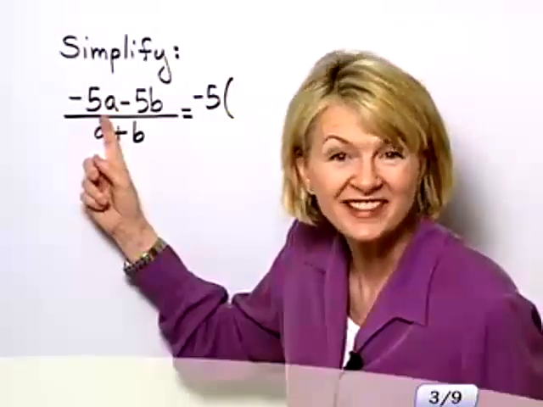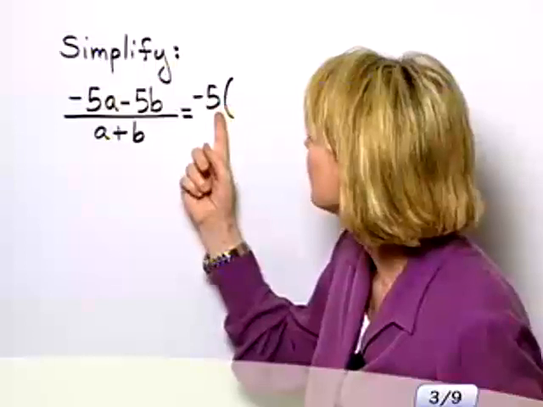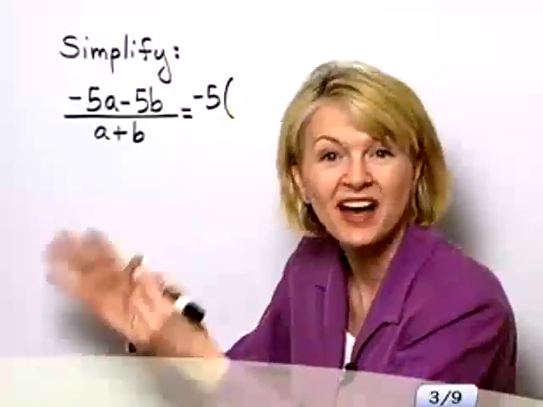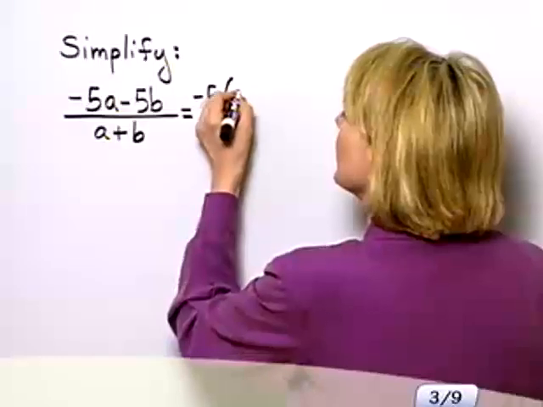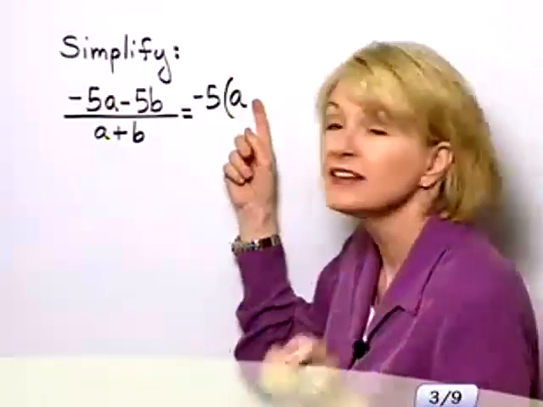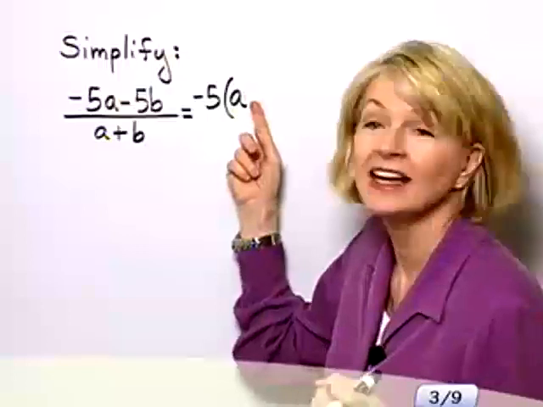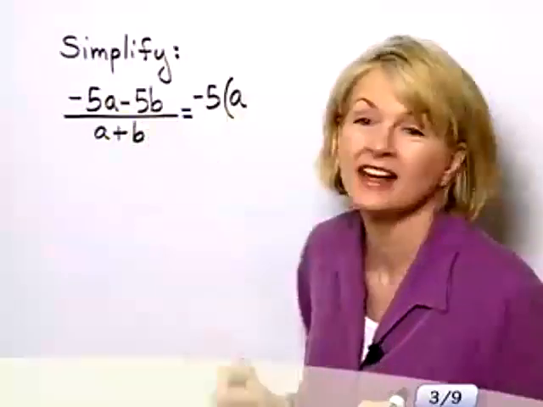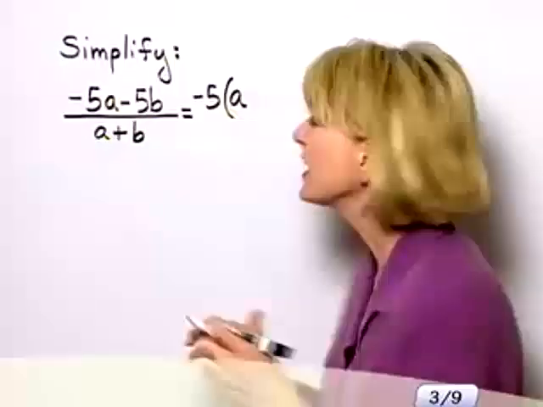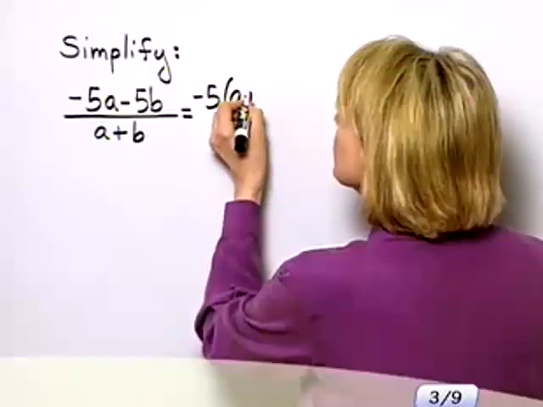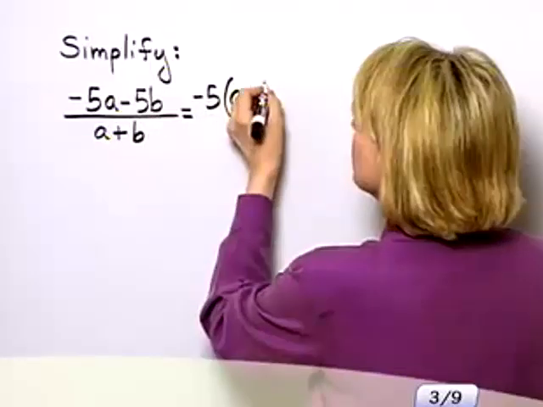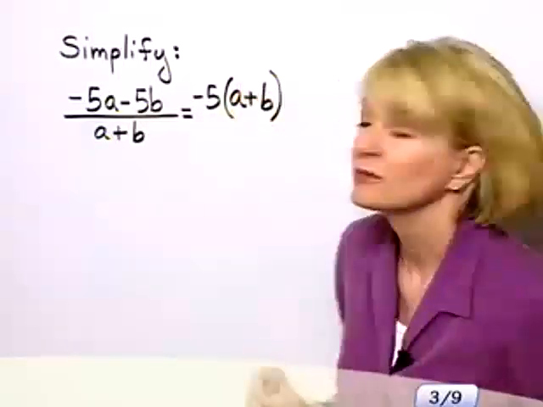Now be careful with signs. This divided by -5, or as we factor it out, we have left a, and then here is a very important part. What is the sign as we factor out -5? The sign is plus, and then factoring out the -5 plus b.